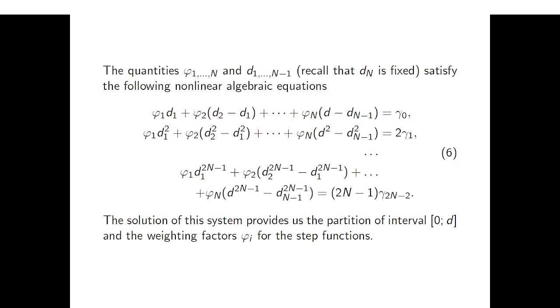Performing simple but tedious manipulations, the nonlinear algebraic equation 6 can be derived for the quantities phi and d. Note d_n is fixed and equal to D. The solution of this system provides us the partition of interval 0 to D and the weighting factors phi for the step functions.